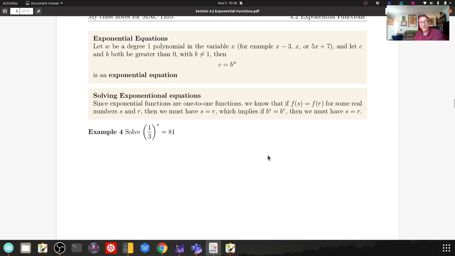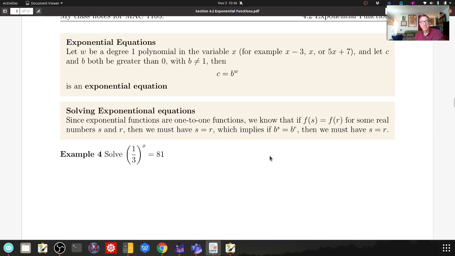So here we go. We have exponential functions. That means there is such a thing as exponential equations. So what are those exponential equations like? So let's read through this really carefully. Let w be a degree 1 polynomial in the variable x. So degree 1.